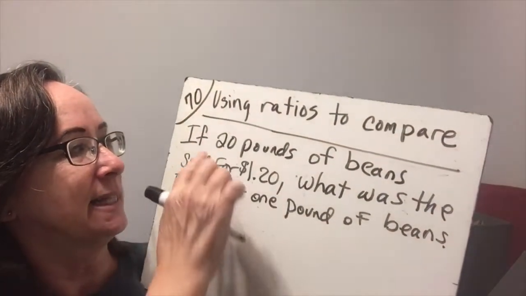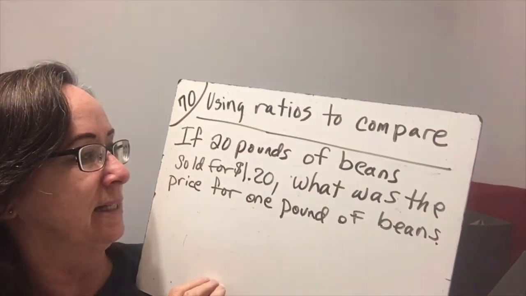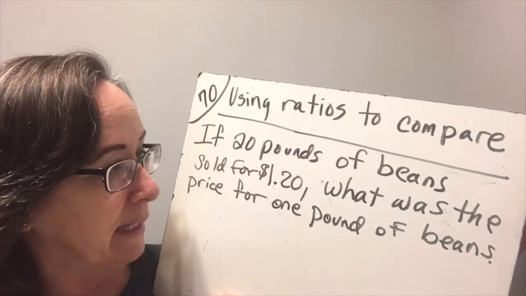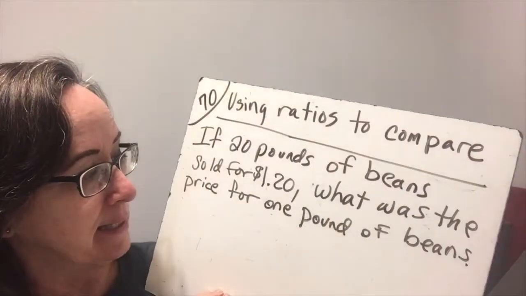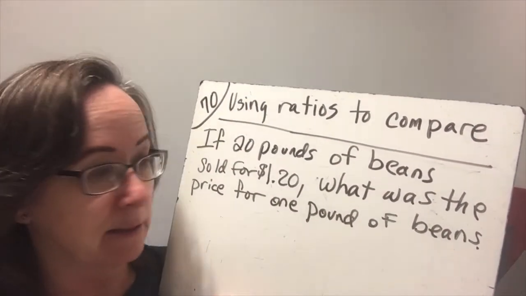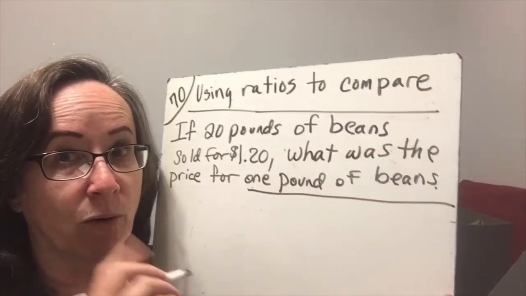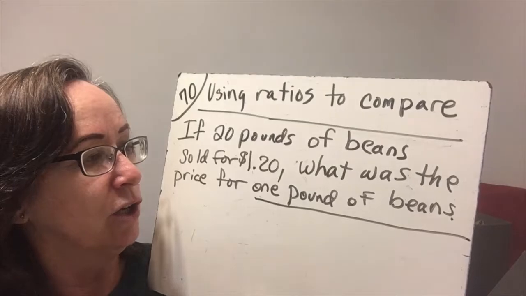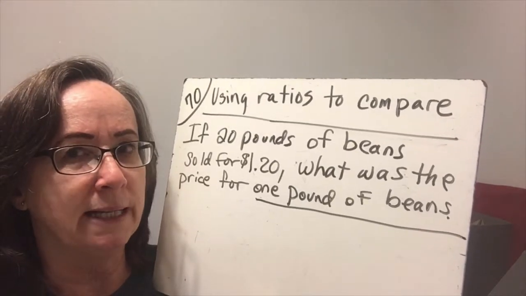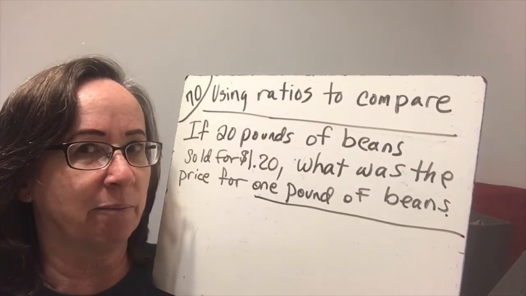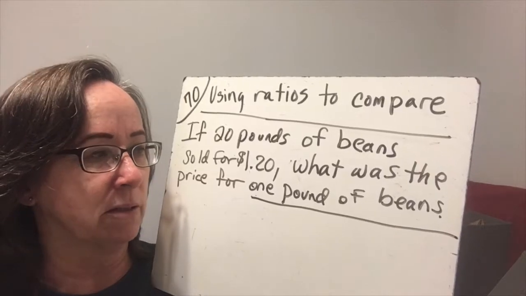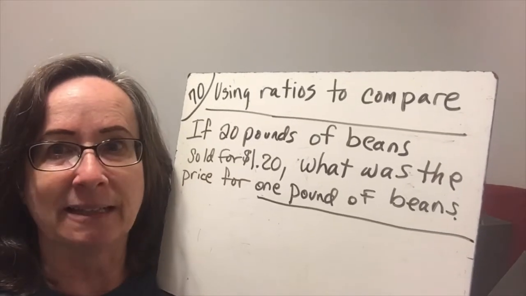So here it says if 20 pounds of beans sold for $1.20, what was the price for 1 pound of beans? So we're trying to find the price for 1 pound of beans. So don't we want to finally wind up with 1 pound all by itself?